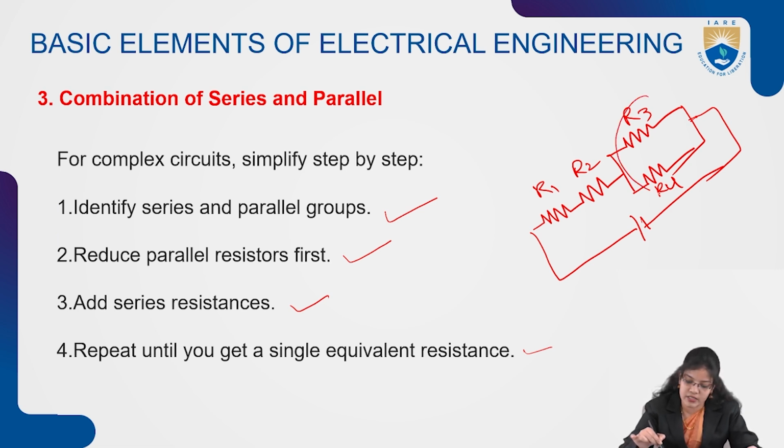Here these 2 resistors are connected in parallel and these 2 resistors are connected in series. So first we have to identify the series parallel groups and then we need to calculate the parallel groups first.